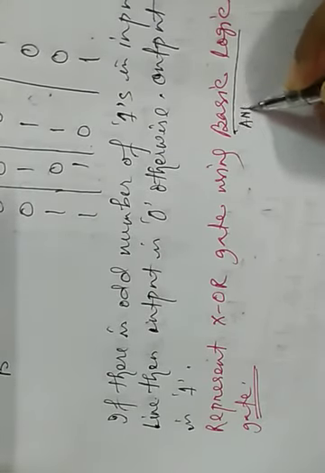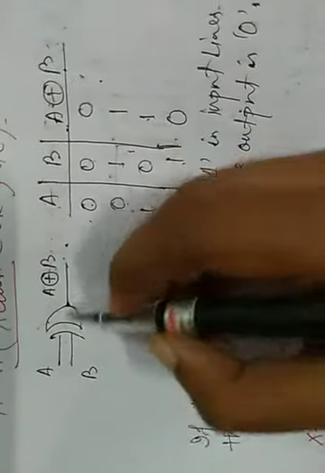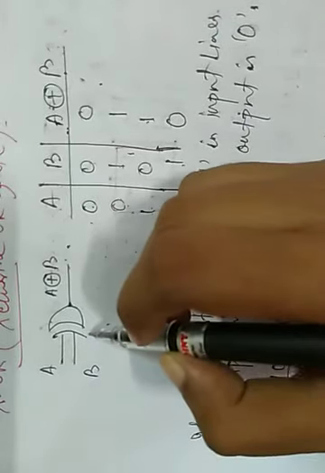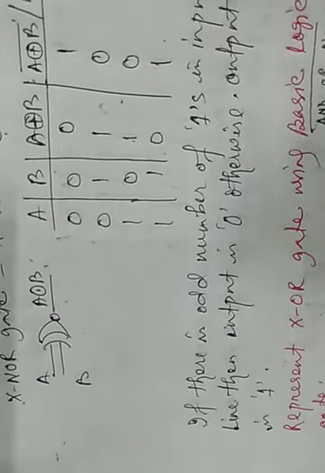Basic logic gates, you should always remember, are AND, OR and NOT. These three are the basic logic gates. We have an identical gate for XOR gate and for XNOR gate. But from the truth table of XOR gate we get the minterm expressions, through which we can convert it into basic logic gates.